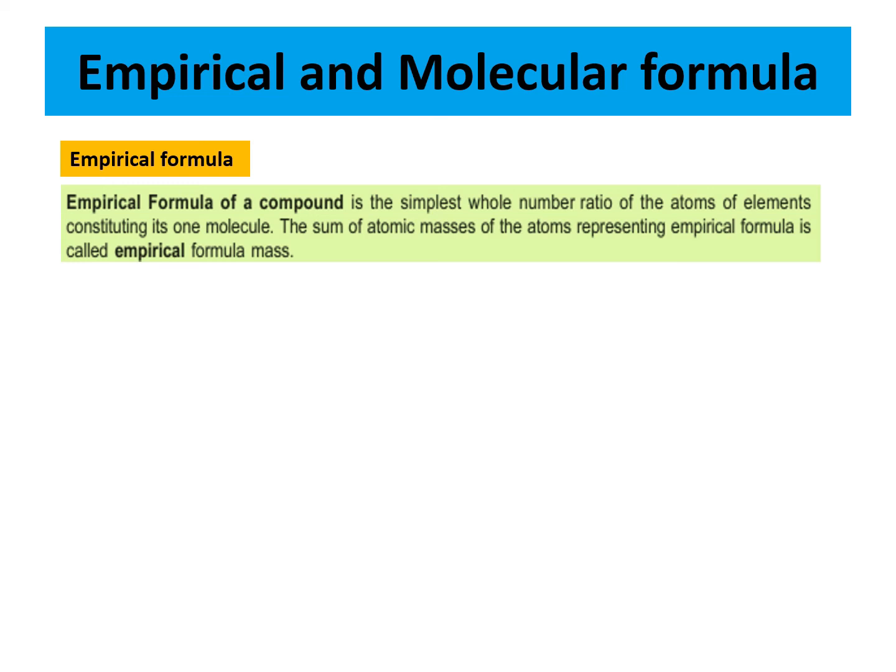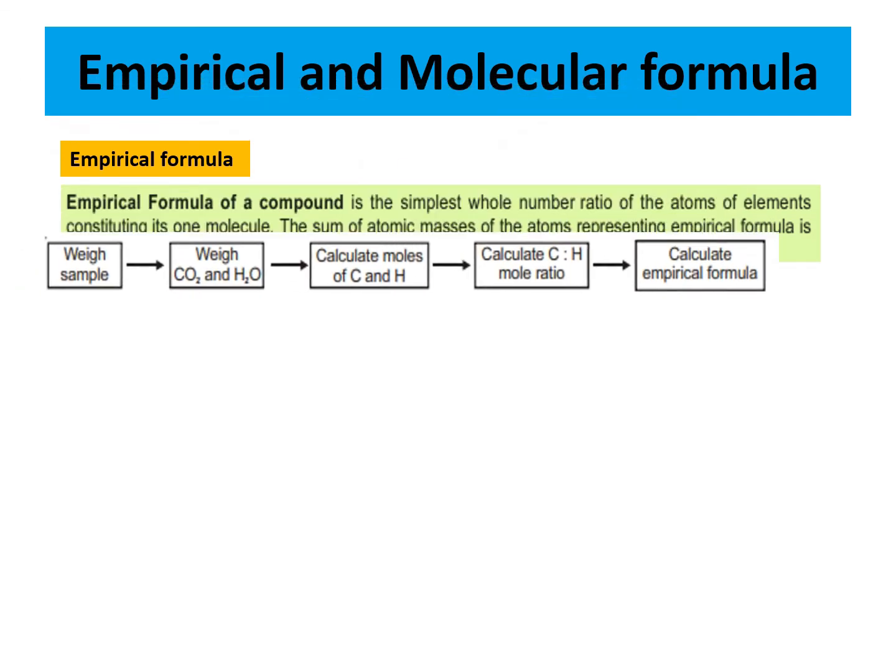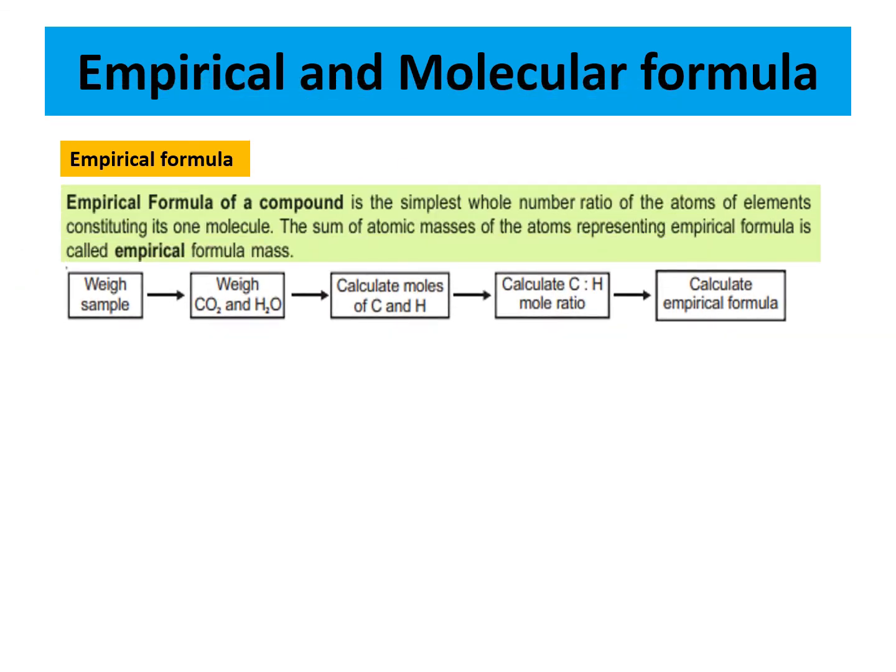We take the ratio of carbon and hydrogen. C6 is there, H12 is there. So instead I can write CH2O. Carbon is 6, hydrogen is 12, so 6 twos are 12. So I need to take out the simplest ratio. So CH2O is the empirical formula of glucose.